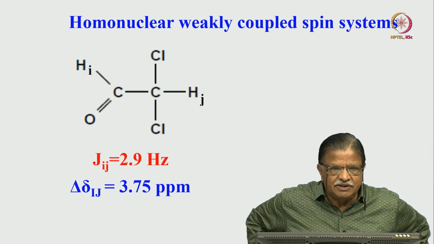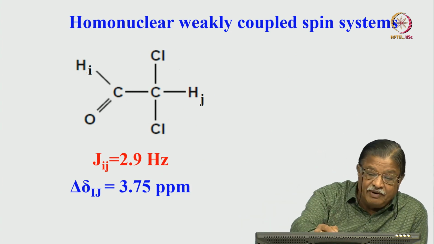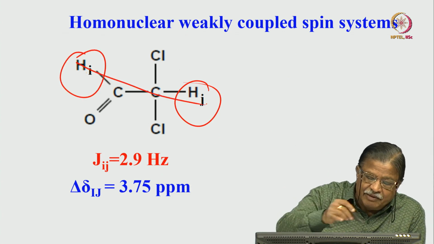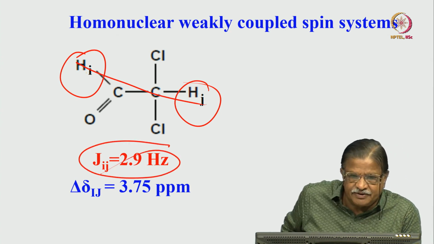Homonuclear weakly coupled spins, I will give you an example like this. This is a simple molecule, we have two protons I and J. What is the J coupling between this and this? It has already been measured, around 2.9 hertz.